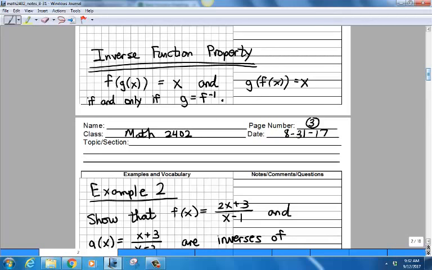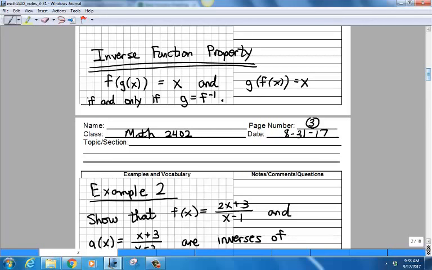If you can compose one function with the other and you end up with just x as the composition, the identity function, then you know that one of the functions is the inverse of the other. You can say G is F inverse, or you can say F is G inverse. That relationship is symmetrical.